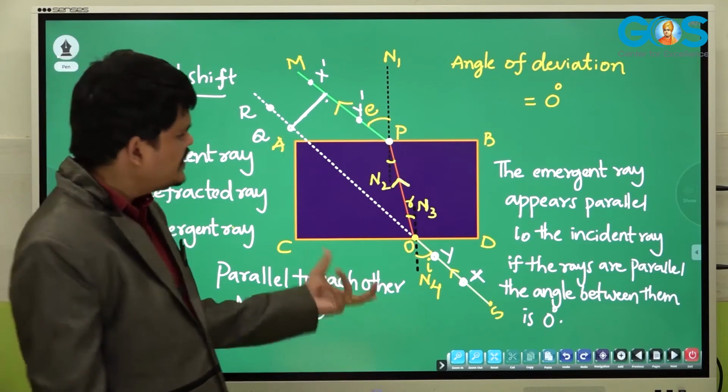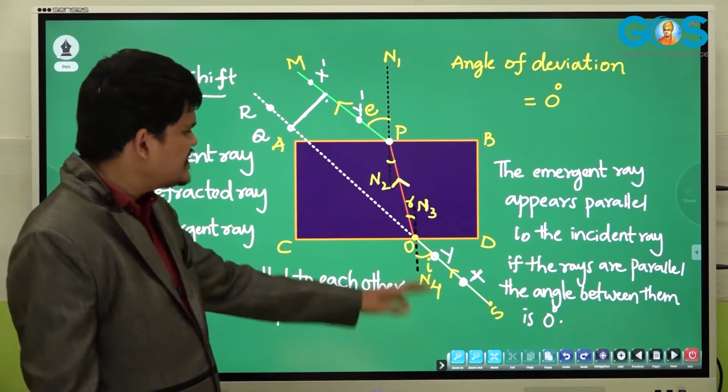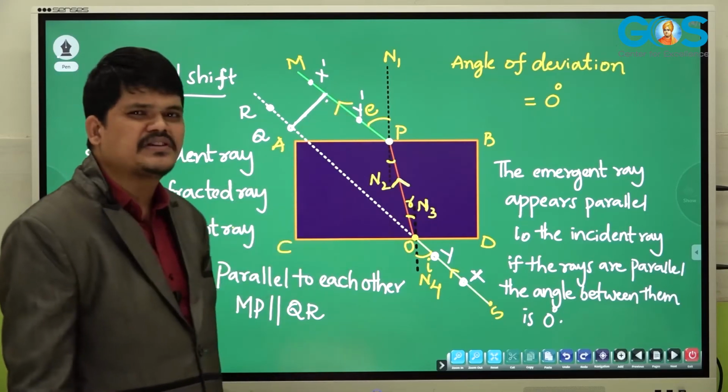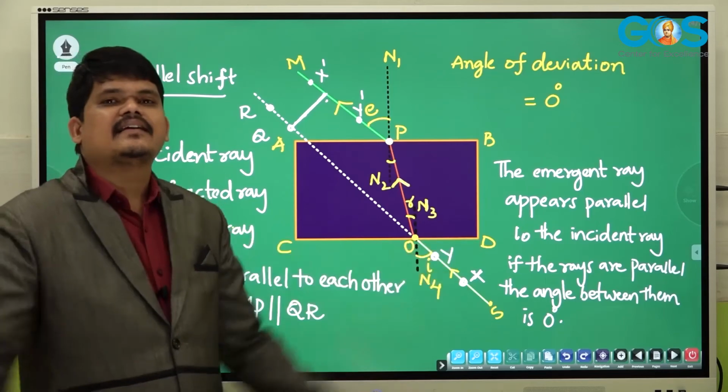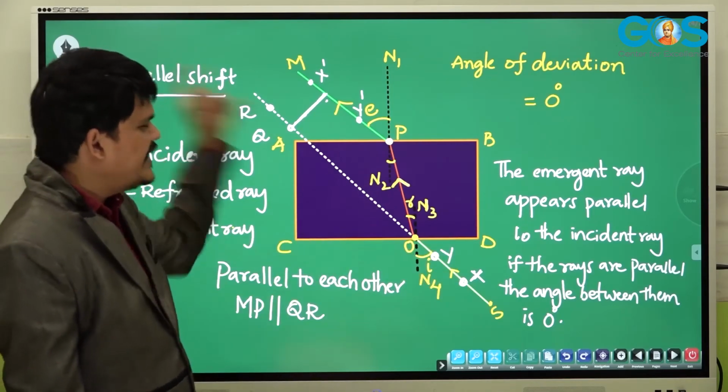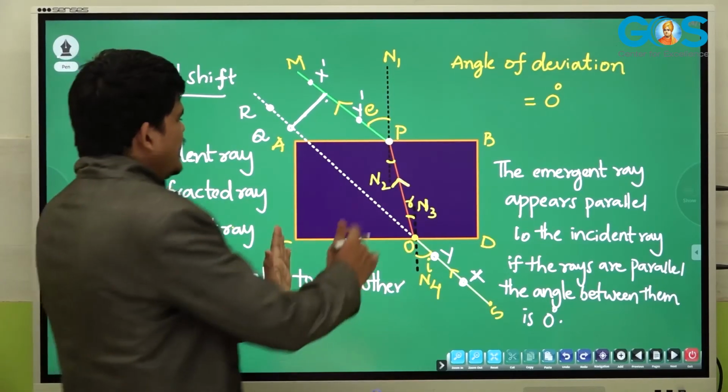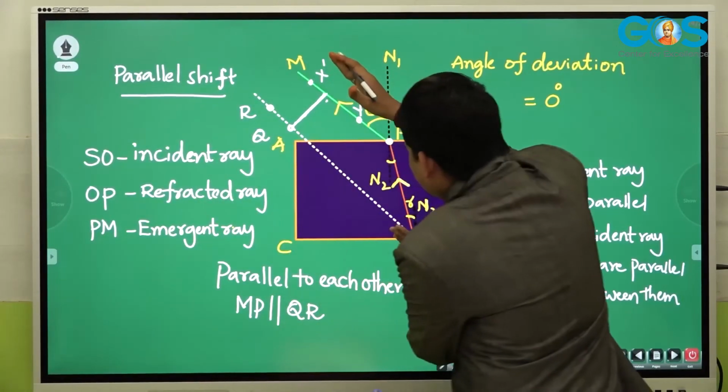If you see through the slab, how do X, Y and X dash, Y dash positions look? They look like they are in a straight line, but if you take out the slab, you can see the rays like this.